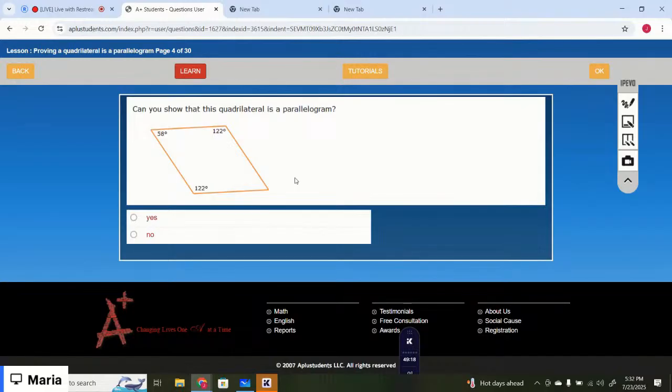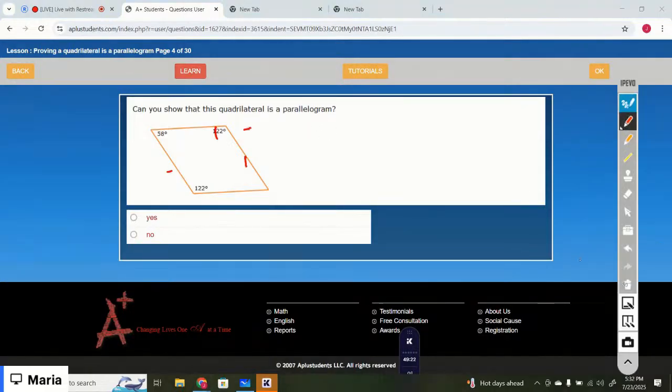So let's just add them. 58 degrees plus 121 degrees plus 121 degrees plus the missing angle equals 360 degrees.